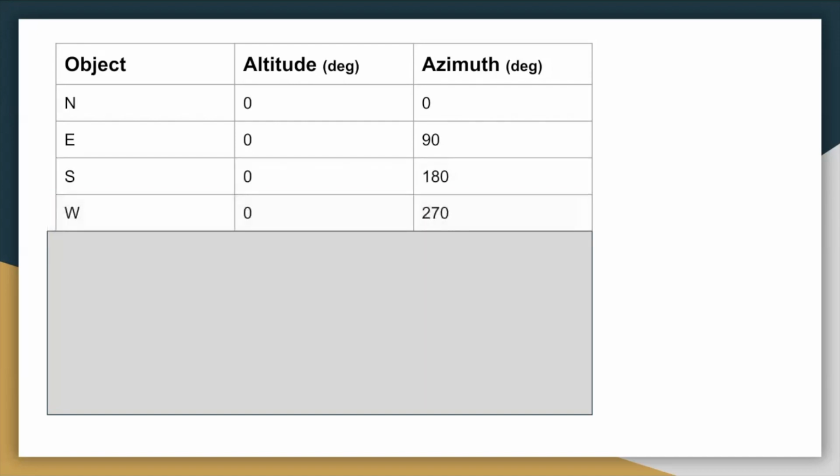Once you hit west, you're 3/4 of your way around the horizon circle, and so the azimuth of west is 270 degrees. Again, for all the cardinal points, altitude is 0 because they exist on the horizon, because altitude is how far above the horizon something is.